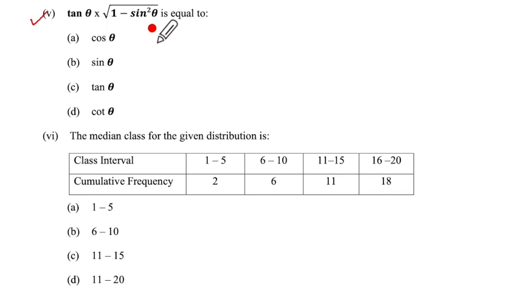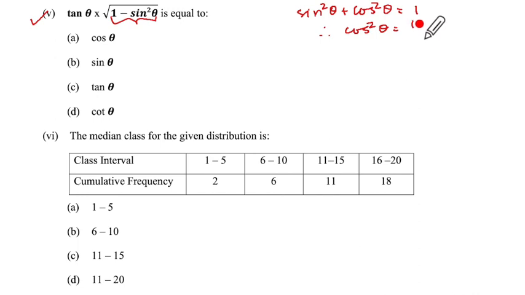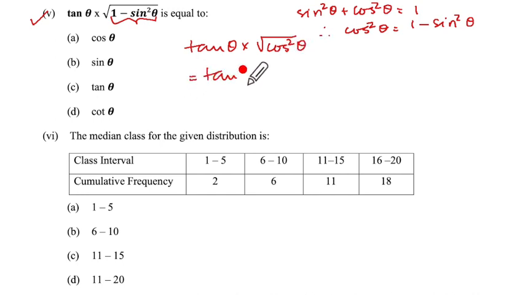Let us look at the fifth one. Tan theta multiplied by under root 1 minus sine square theta. Now 1 minus sine square theta: we know that sine square theta plus cos square theta is equal to 1. Therefore, taking sine square to the other side, cos square theta is equal to 1 minus sine square theta, and so we have tan theta multiplied by under root cos square theta, which means tan theta multiplied by cos theta.